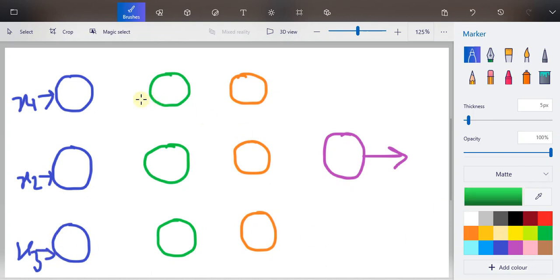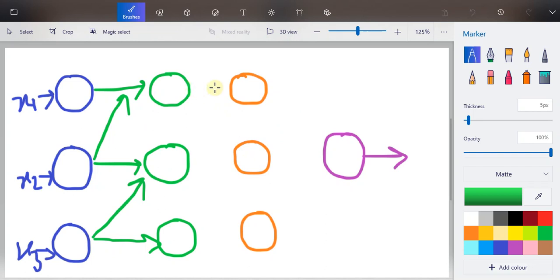From the input layer, the data is passed to the hidden layer, and from one input layer it may go to multiple hidden layers as well. After processing in the hidden layer, it may go to the second hidden layer, so it can be many combinations.